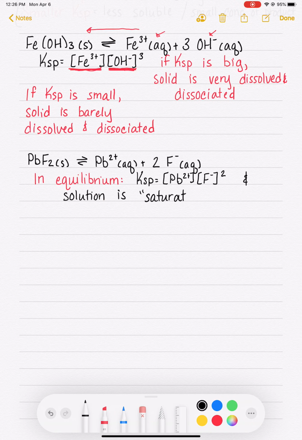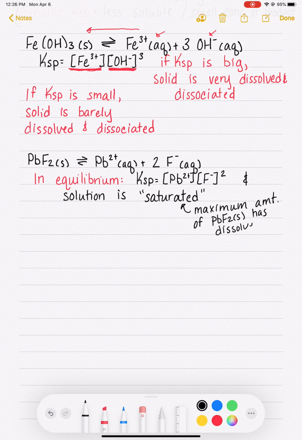Remember, saturated means the maximum amount of our solute, our solid, the maximum amount of PbF2 has dissolved.